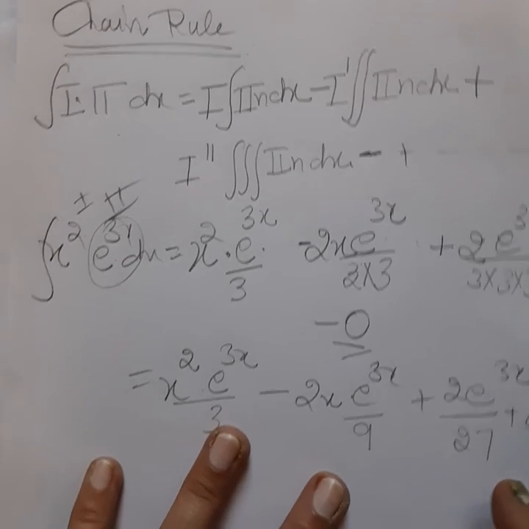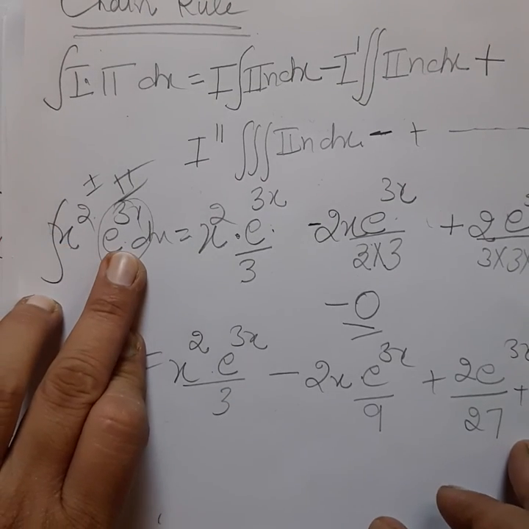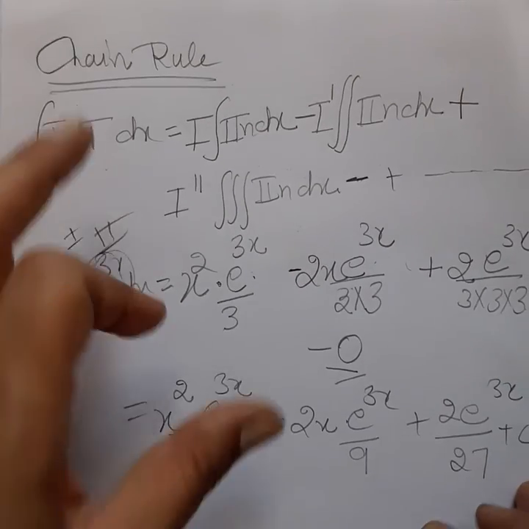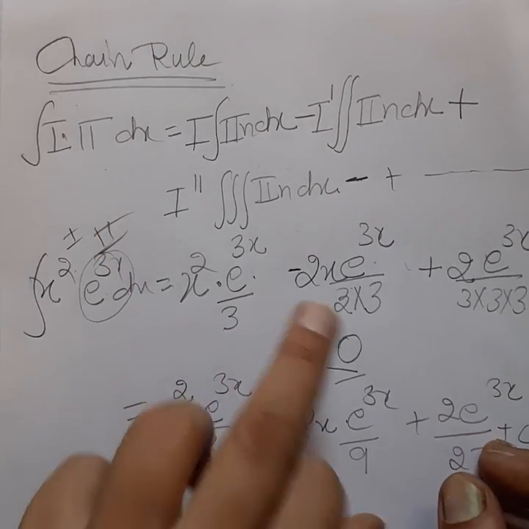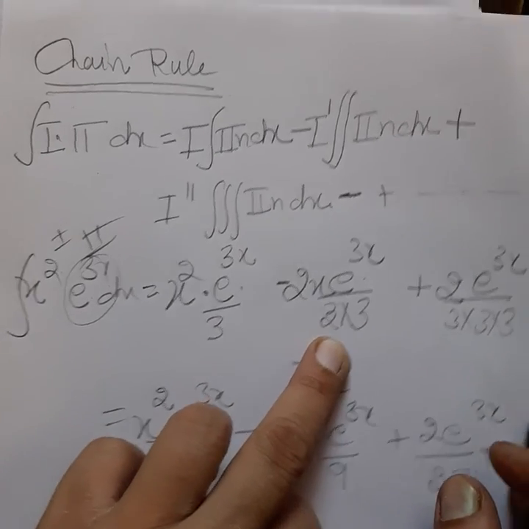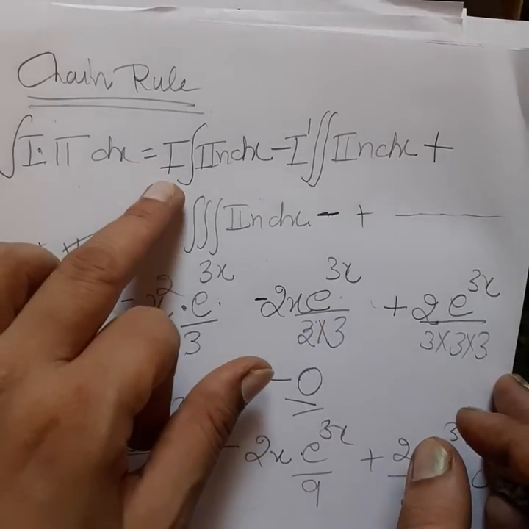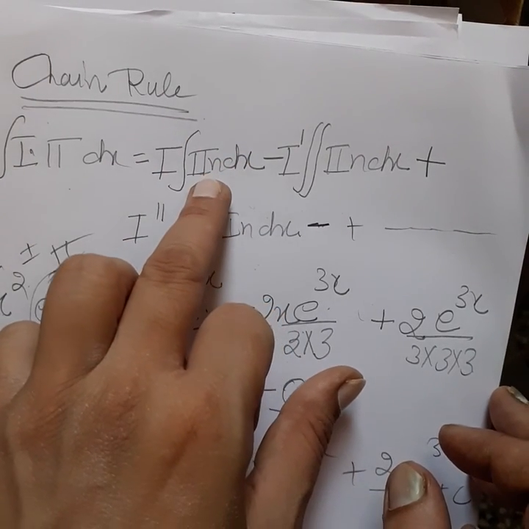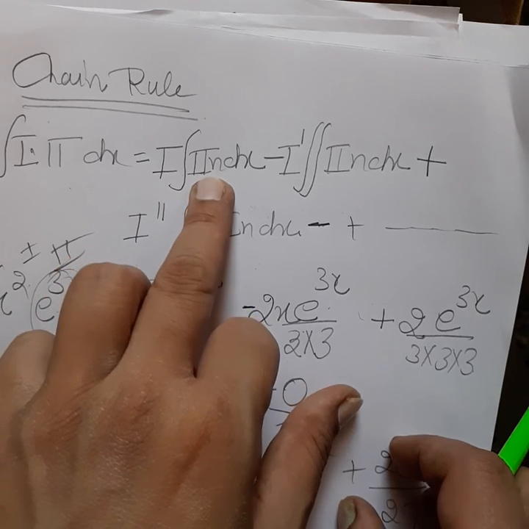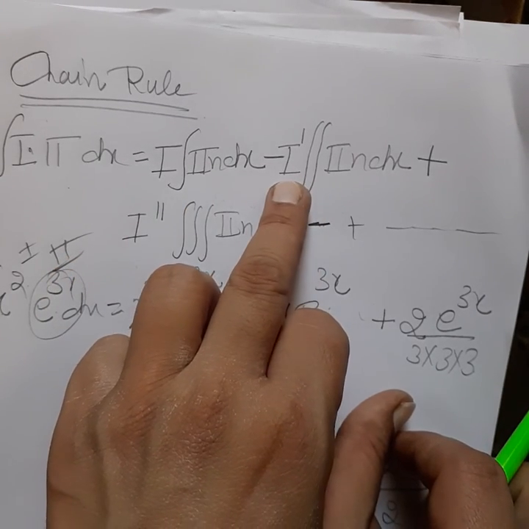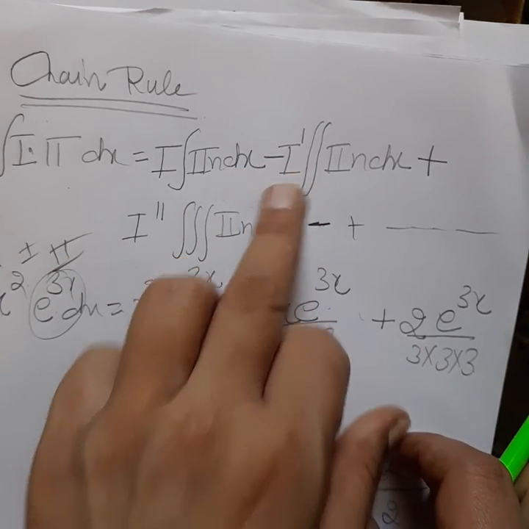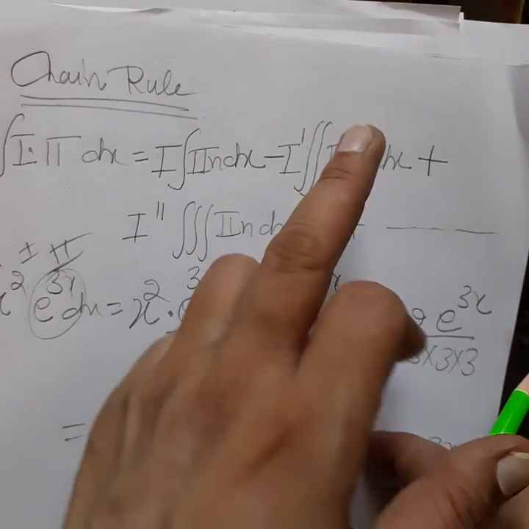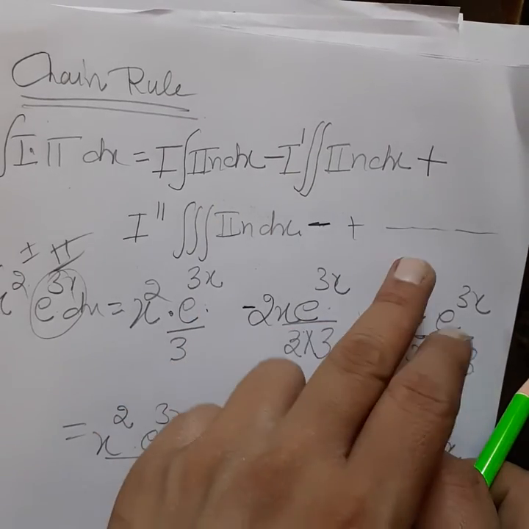So students, if you solve it by parts, then you have a long procedure, and if you solve it by chain rule, then you can finish it in even a single line. The only method is that first of all you write the first function as it is, and after that you take the integration of the second function, and after that you take the first derivative, second derivative, third derivative, and the first integration, second time, third time, and so on.